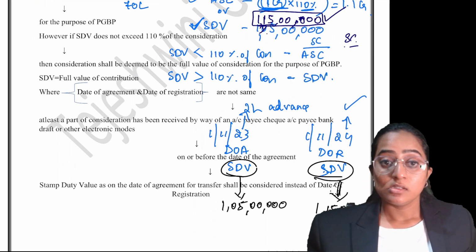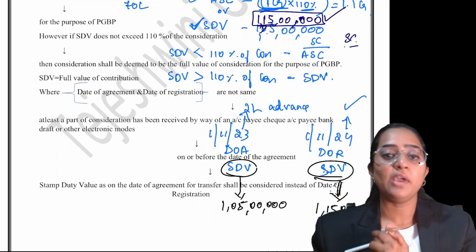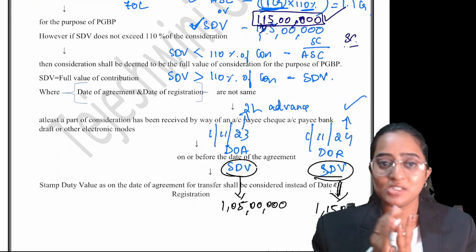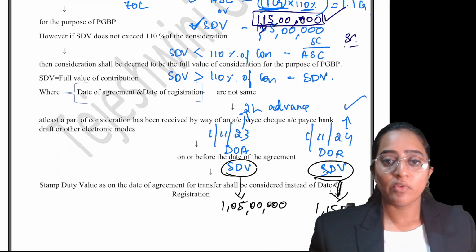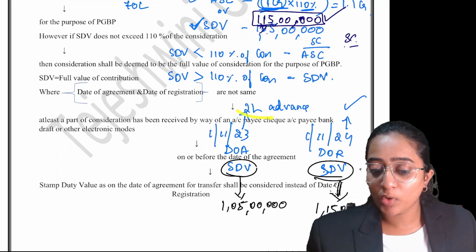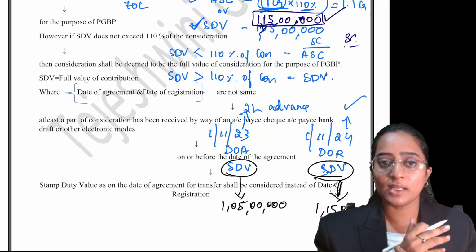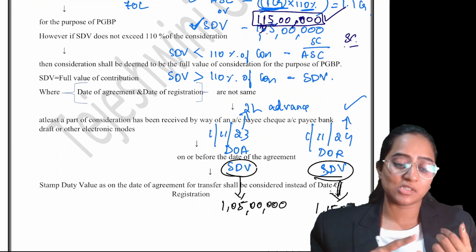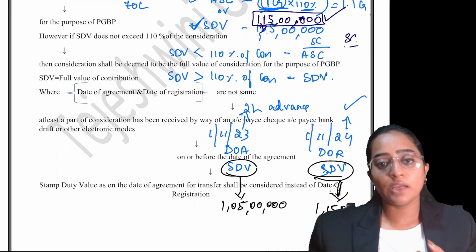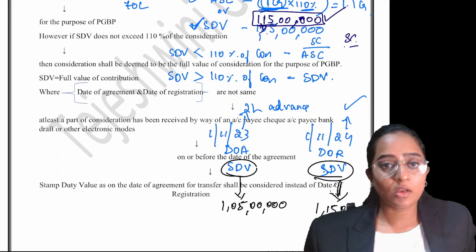Okay. Now comes the question, which SDV are you going to consider? The provision states you have to consider the SDV of that date on which the advance payment has been made, the date of agreement or the other date, provided that advance payment is through account payee cheque, account payee draft, or any other electronic clearance mode, which includes debit card, credit card, NEFT, RTGS, UPI, everything.